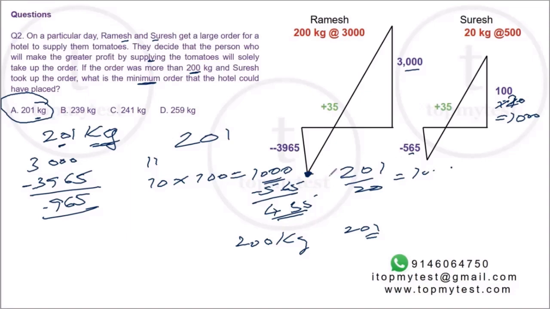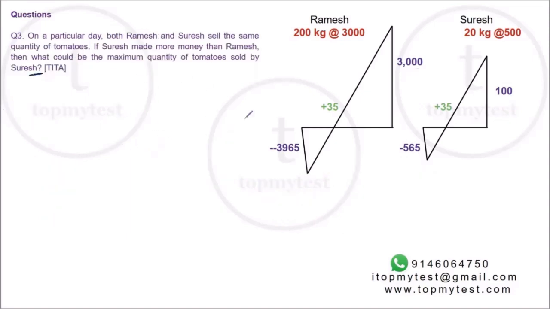Now, the question asked here is, if it keeps on happening, you keep on going up and down with Ramesh, till what point will Suresh make the maximum money? See, Ramesh plays a bigger game. His losses are bigger, but his outcome is also bigger. Suresh plays multiple smaller games, so his function will keep on going like this.